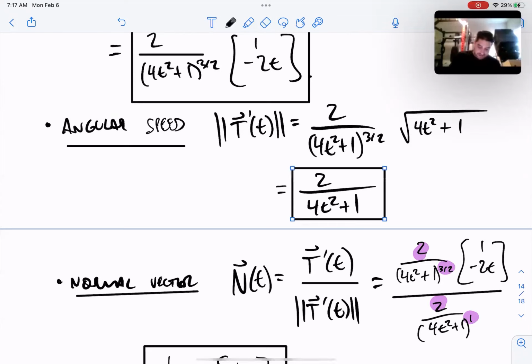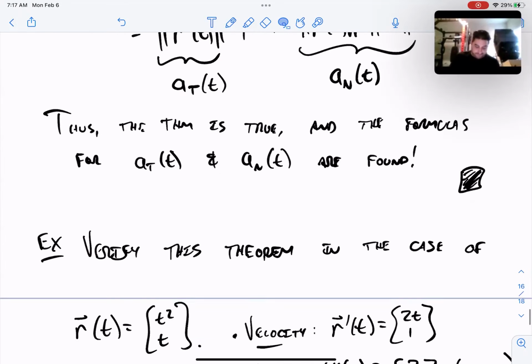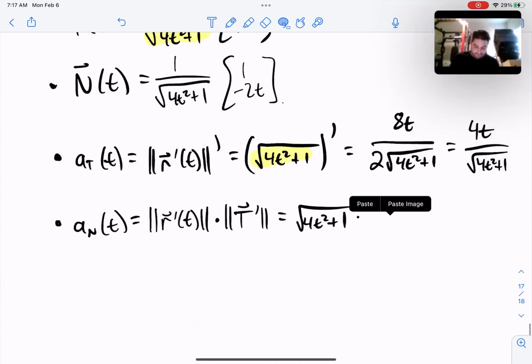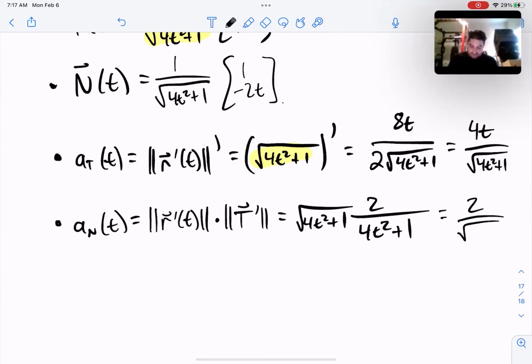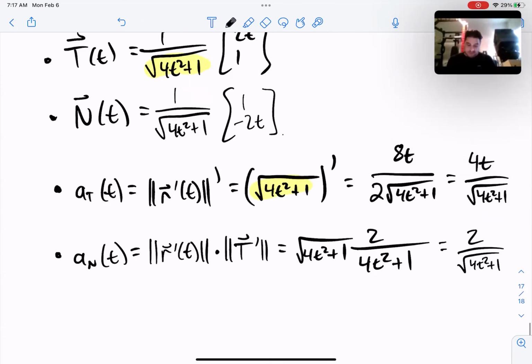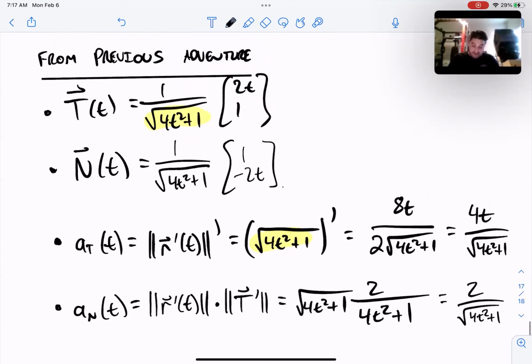So there's our angular speed. Then A sub N is 2 over that square root. All right, so now let's put it all together.